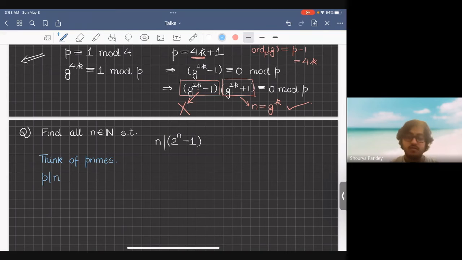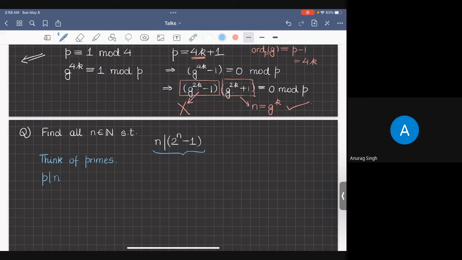Ideas? So we have a prime factor of n. What can we say about n? What can we say from this relation? Either that prime is of the form 2 to the k minus 1 or 2 to the k plus 1.